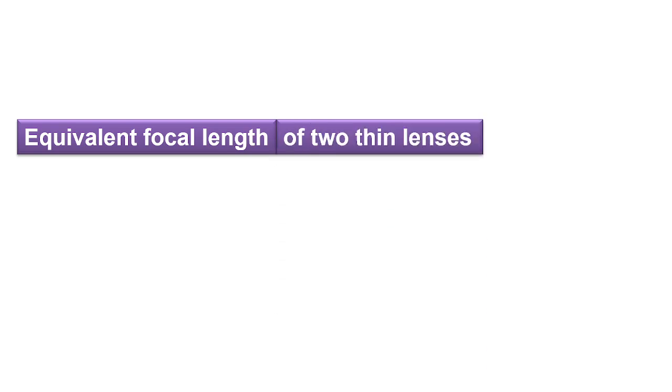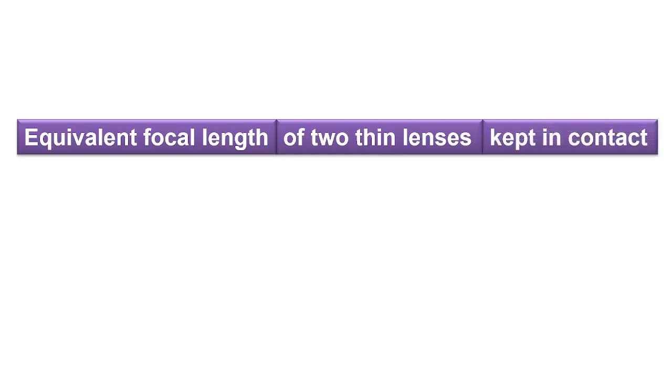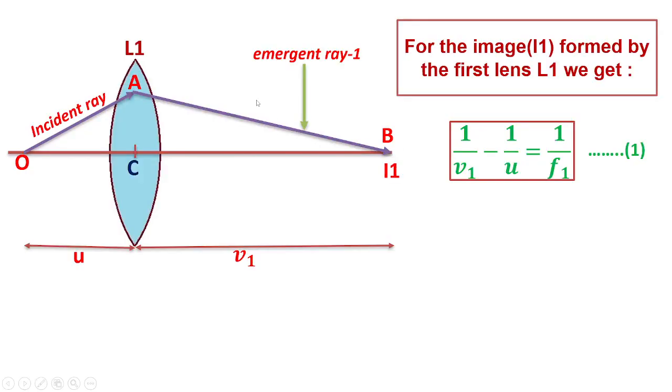Now we will find the equivalent focal length of two thin lenses kept in contact with each other. Suppose there is a lens 1, denoted with the letter L, capital L1. There is an object kept on the left hand side of the lens L1.